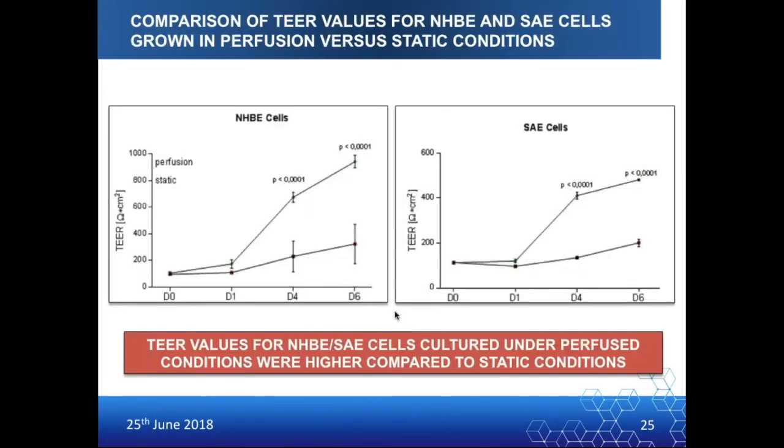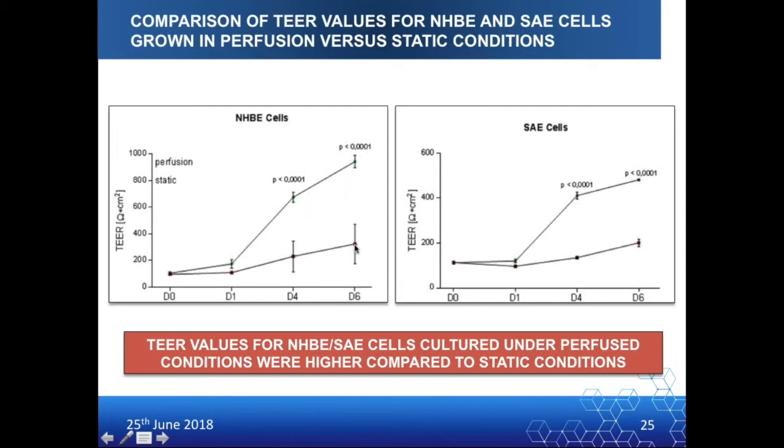Of course, we next looked at the transepithelial electrical resistance, the TEER, to see the intactness of the epithelial membranes, and we measured the TEER under perfusion, which is shown here in green, and under static conditions. And on the first days of differentiation, you can easily see that the TEER is significantly higher under perfused conditions in both NHBE as well as SAE cells compared to static conditions.